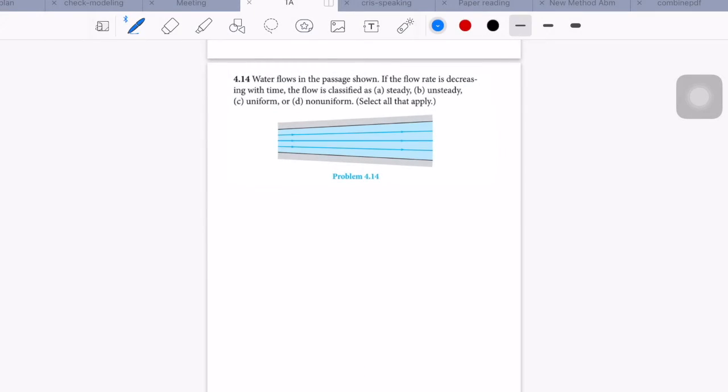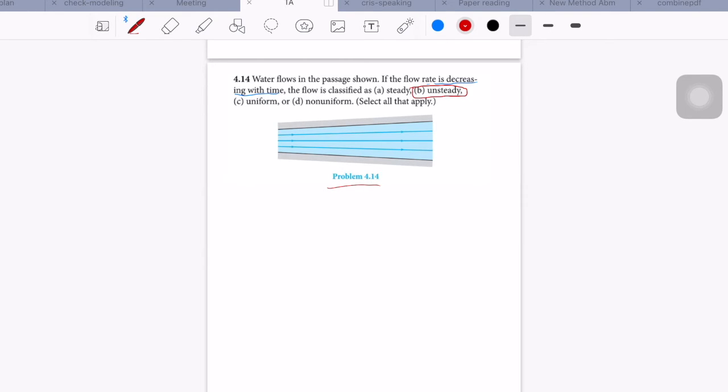For the third problem, we need to classify the type of flow. From the problem, we know the flow rate is decreasing with time. So we know this flow is an unsteady flow. And from this figure, we know the streamlines are not parallel.